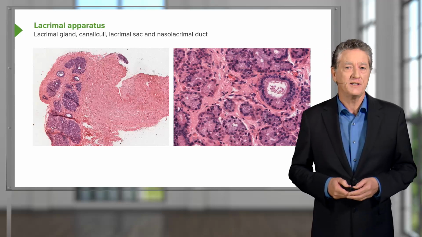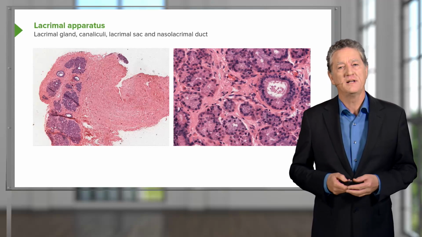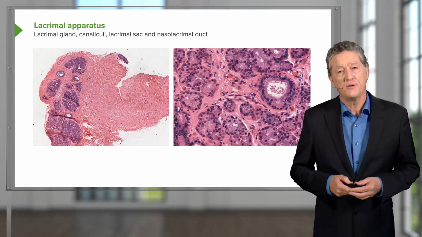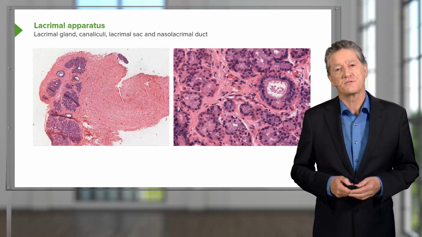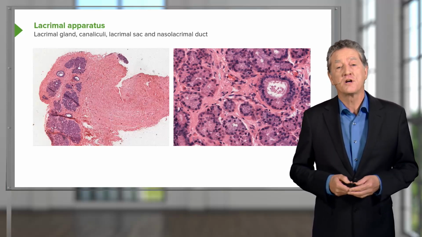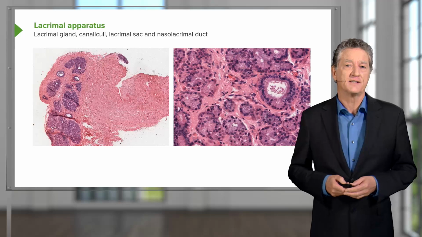They're serous secreting. They secrete a watery fluid with some material in it that helps to be antimicrobial. In other words, it stops bacteria and other material from colonizing on the surface of the eye.